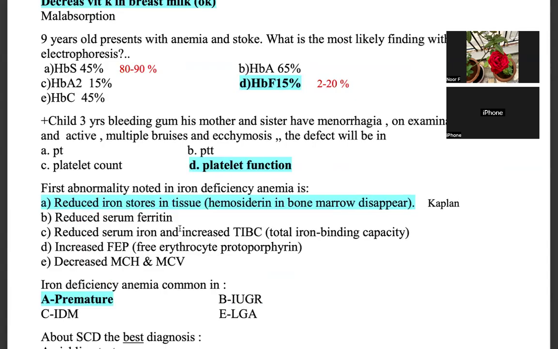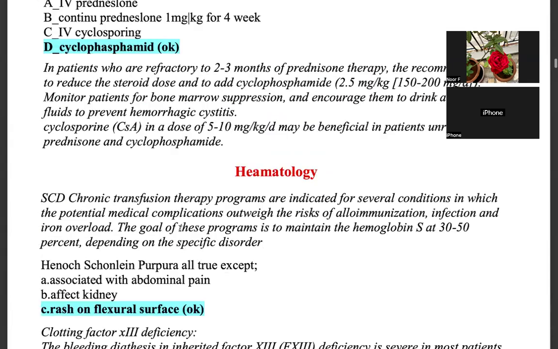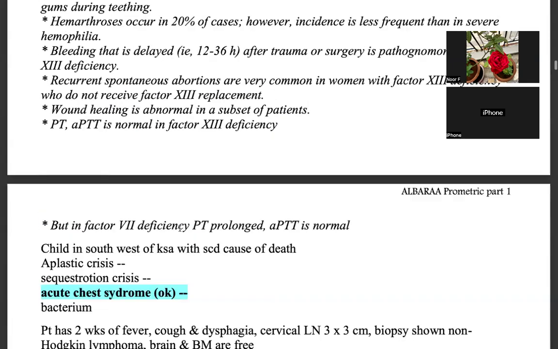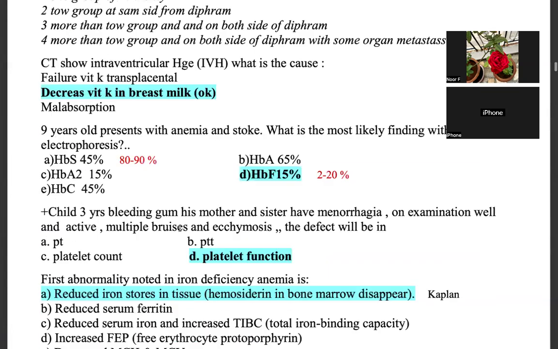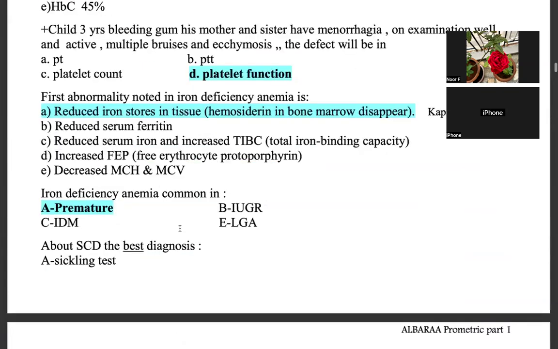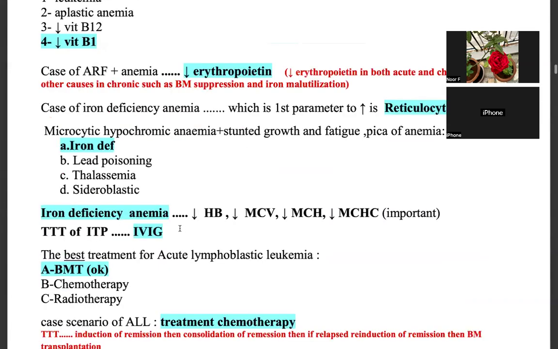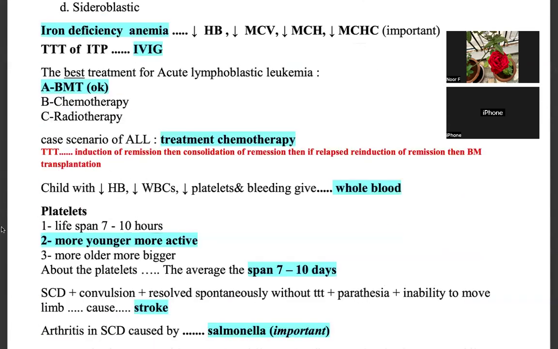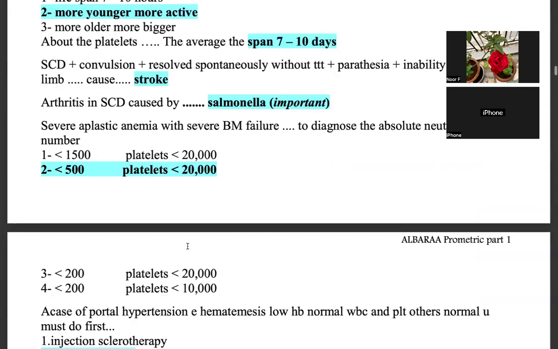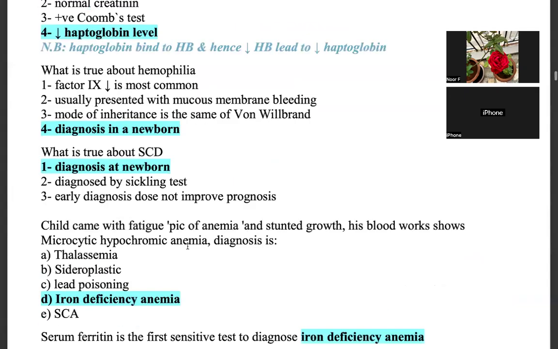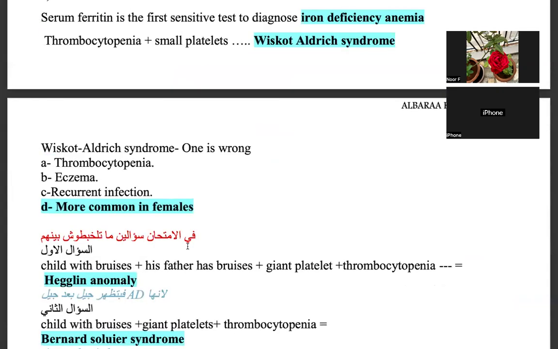If I get the question, I will post. Okay, somewhere here. The more younger, the more active. For this question he is giving the answer there. I don't know, this book is something mixed.